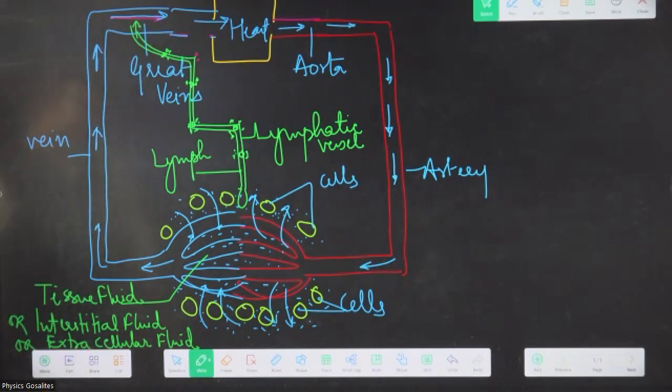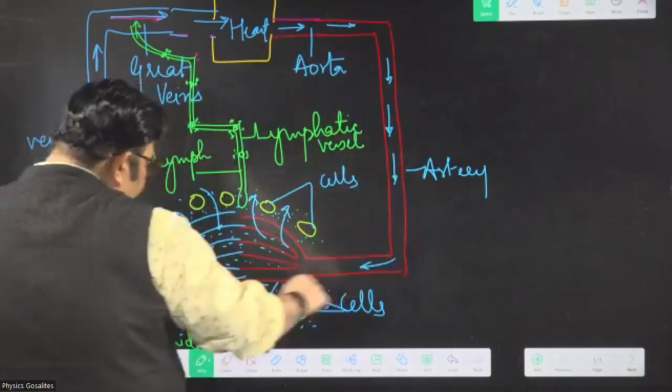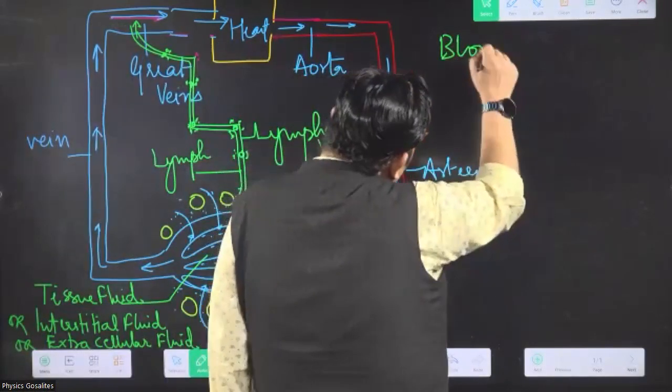Now, generally in the blood, you can see that there is a closed loop. The blood vessels form a closed loop.